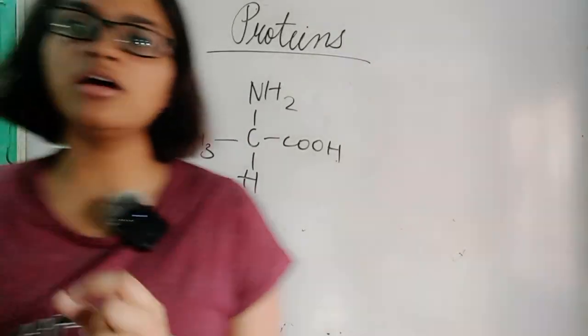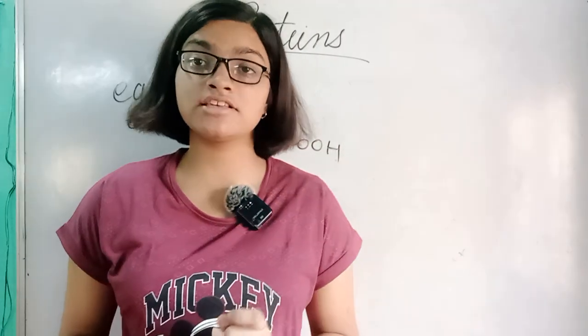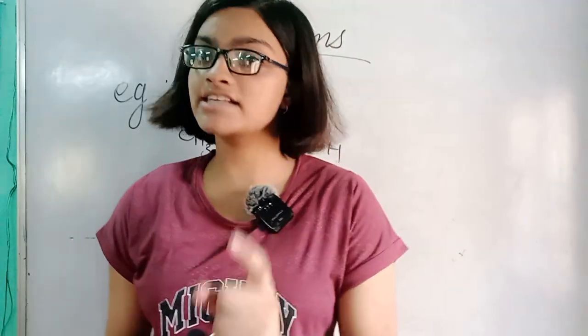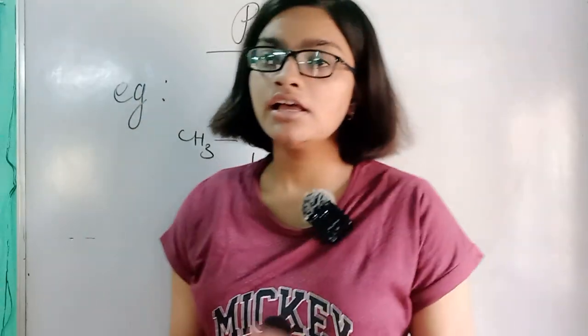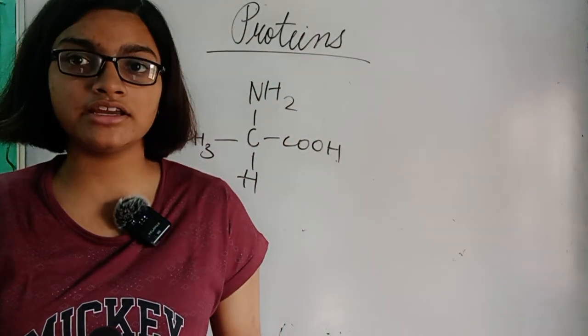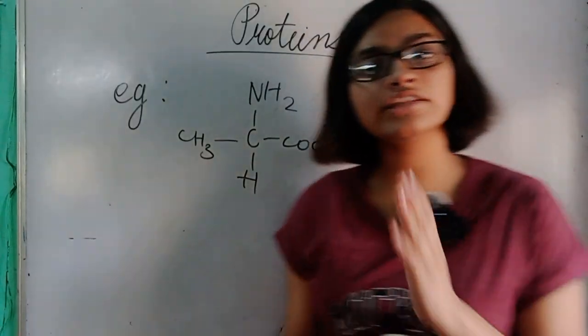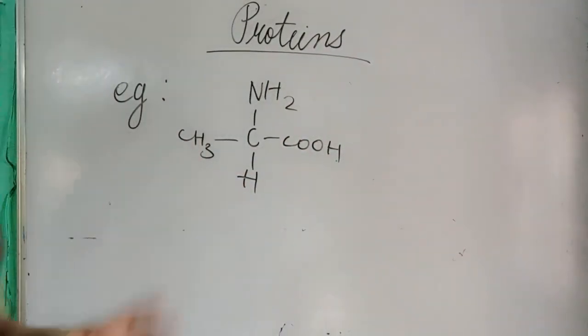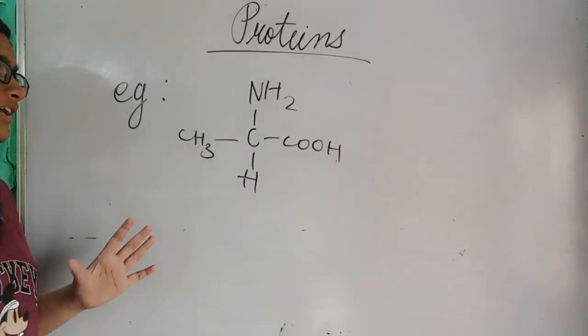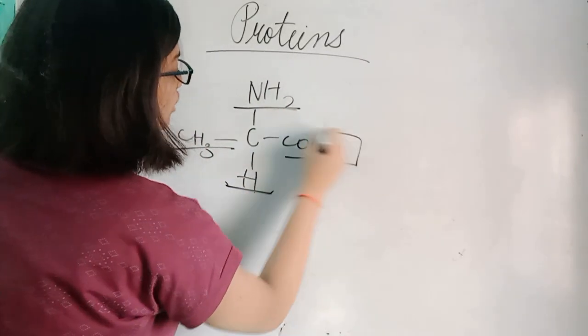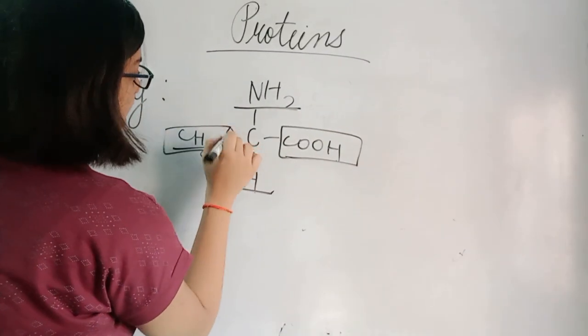Now, a point to be noted about amino acids is that all of the amino acids are optically active except glycine, because glycine is the only one amino acid which does not possess chirality, whereas all other amino acids possess chirality. Now, chirality is presence of 4 different groups around carbon.